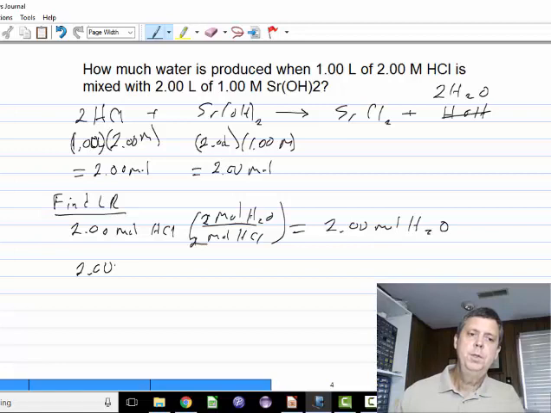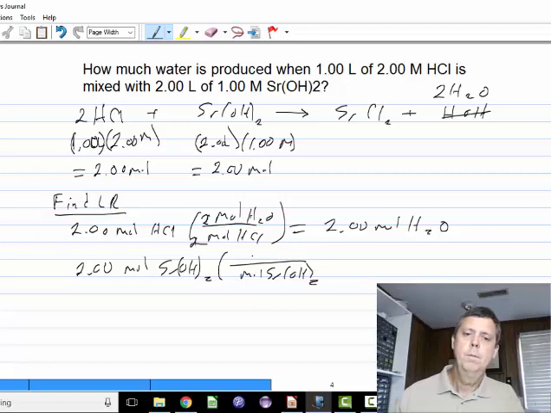Now we have 2.00 moles of strontium hydroxide. Of course, this is a 2-to-1 ratio. We expect this to produce 4.00 moles of water. Therefore, my HCl is my limiting reactant.